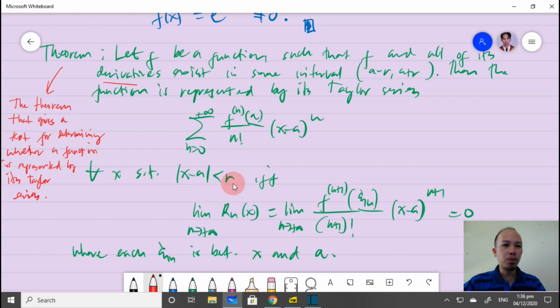So what will you do? This is the necessary and sufficient condition. All you have to do is get the remainder, r sub n, and this remainder is denoted as the (n+1)th derivative of psi sub n over (n+1) factorial, times (x minus a) raised to the power of n+1, where psi sub n is between x and a.